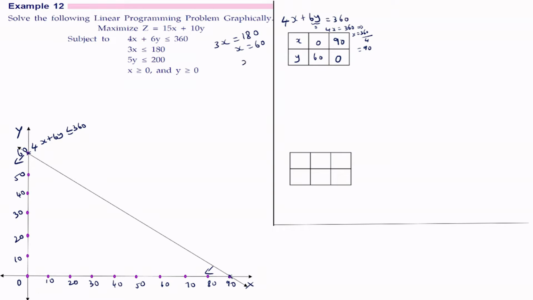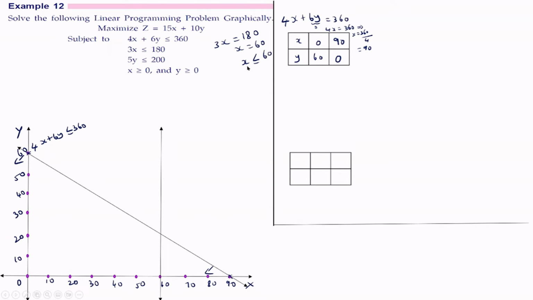So we have to find the region corresponding to x less than or equal to 60. Now x is equal to 60 is a straight line which is parallel to the y-axis and passes through 60, 0. This is 60, 0. So if we draw a straight line parallel to the y-axis and passing through 60, 0, we get the line corresponding to x is equal to 60.